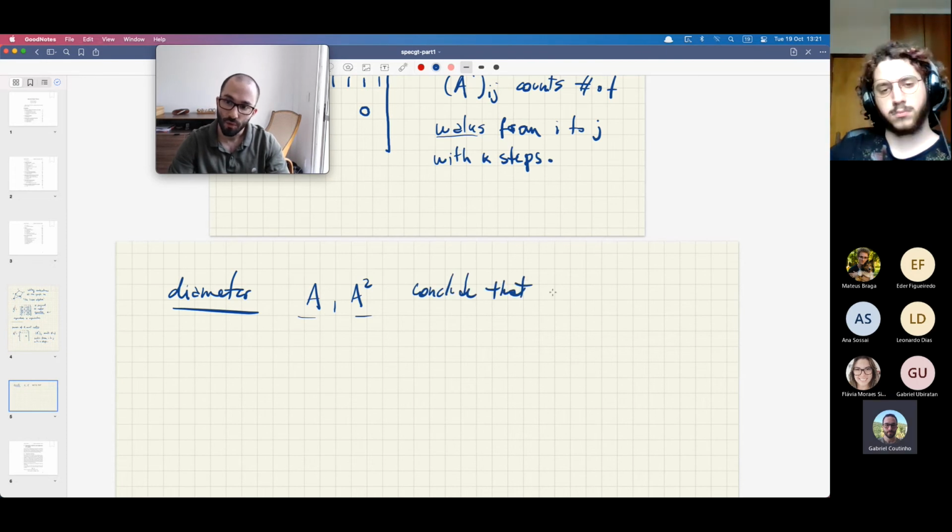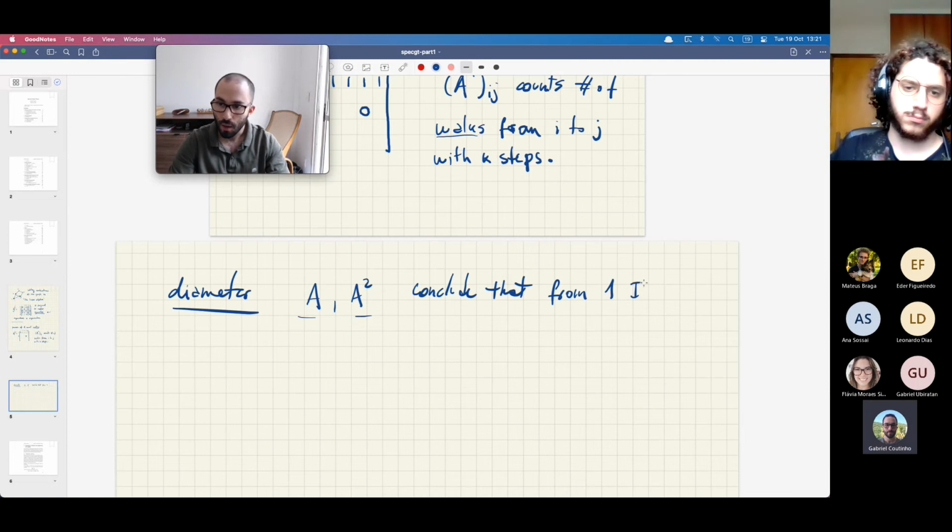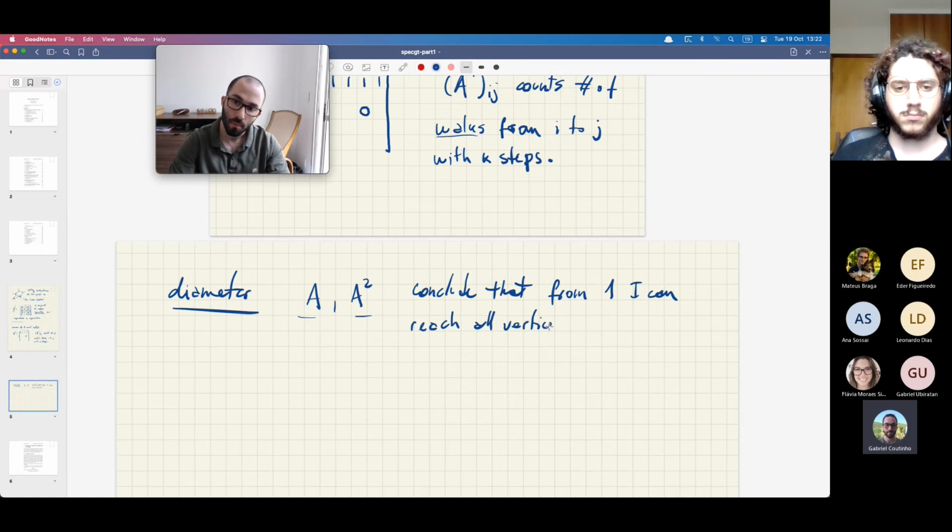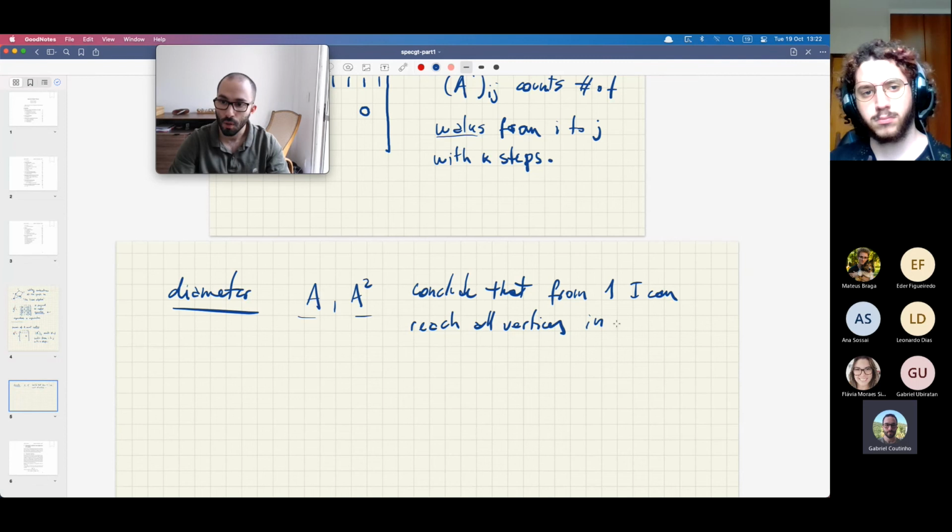So by simply looking at A and A squared, I can conclude that from 1, I can reach all vertices in at most 2 steps.